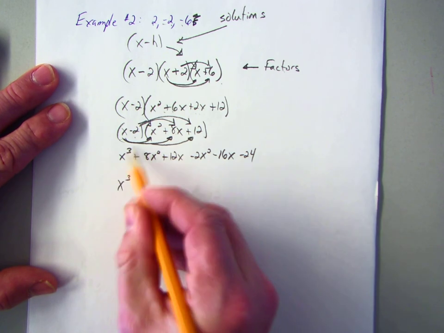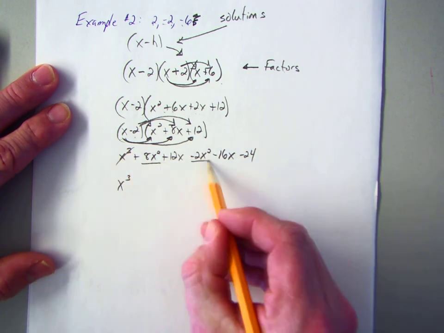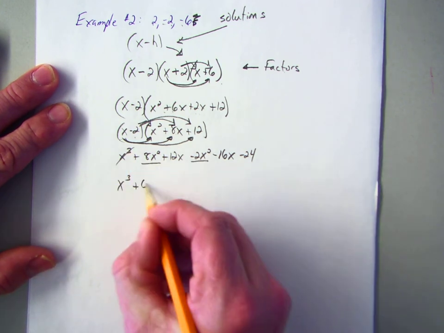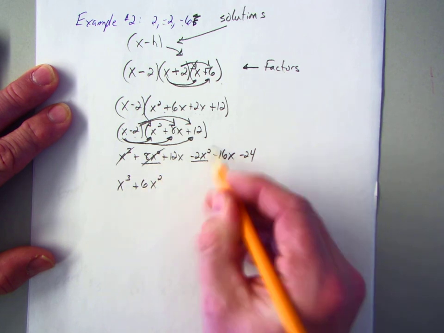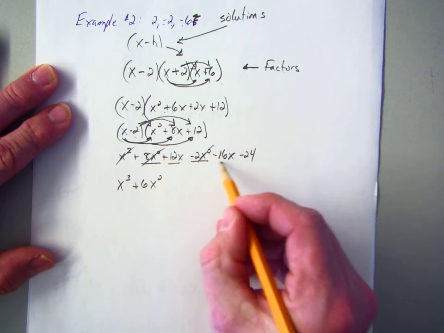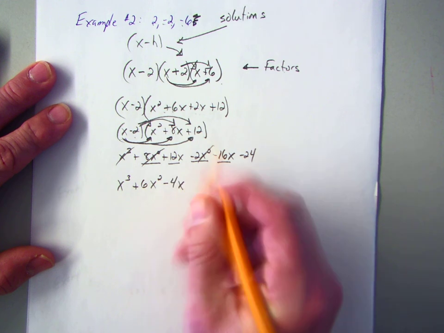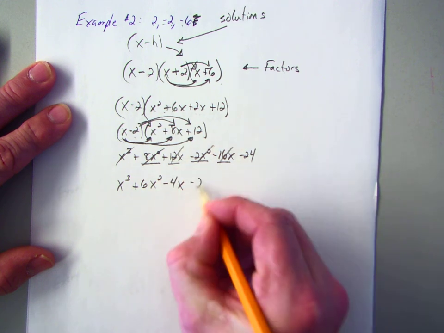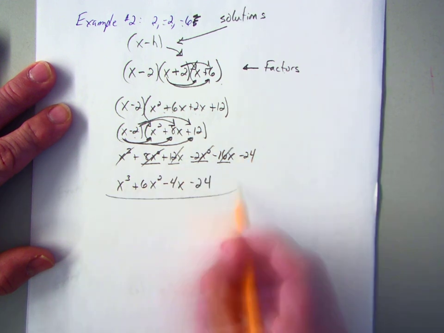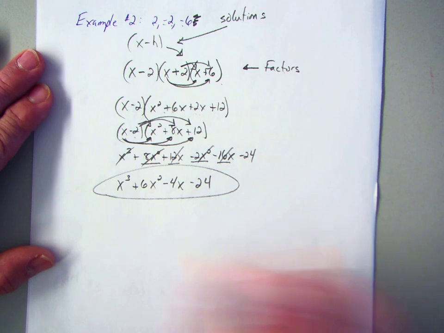There's only one x cubed. I have 8x squared and negative 2x squared, so that's positive 6x squared. I have a positive 12x and a negative 16x, so that gives me a negative 4x. And I'm left with a negative 24. So here's my polynomial function.